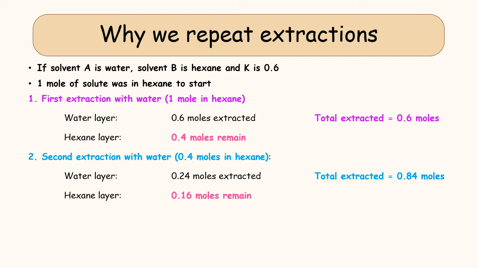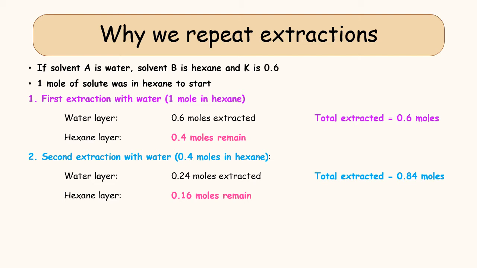Because of the equilibrium constant, we know that 60%, 0.6, of what we started with goes into the water layer. So this time that's 0.24 moles of that 0.4 get extracted and 0.16 remain. If we add up the total amount we've extracted, we've now got 0.84.